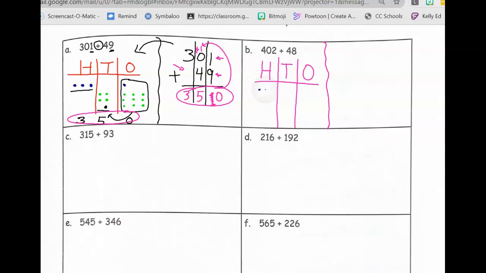So 400, this thing does not like me drawing dots. And 2. Okay, 402. Now I'm going to add 48 to it. But I'm going to first put it on the place value bar.